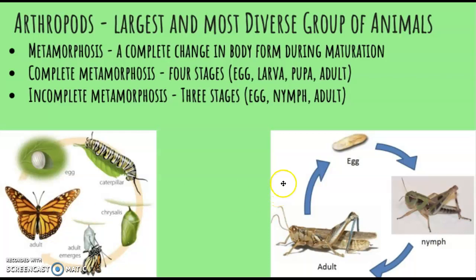In the case of incomplete metamorphosis, there's the egg stage, such as here in the grasshopper, a nymph stage, which is an intermediate stage, and then the final adult stage at the end.